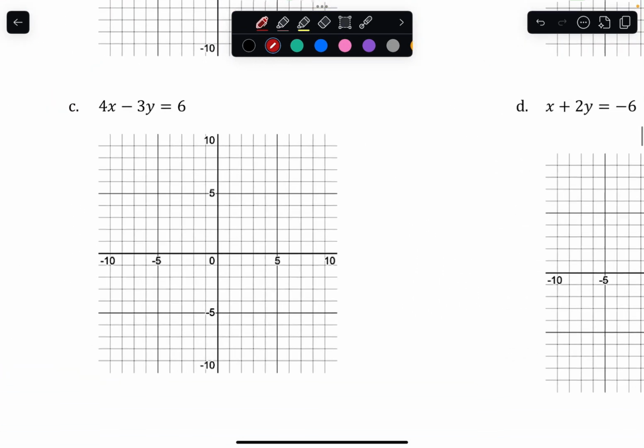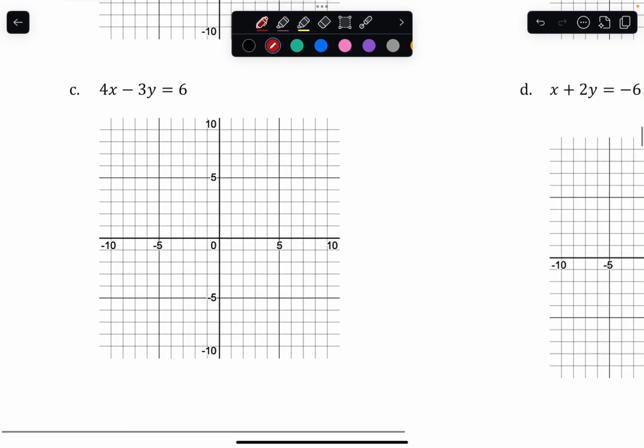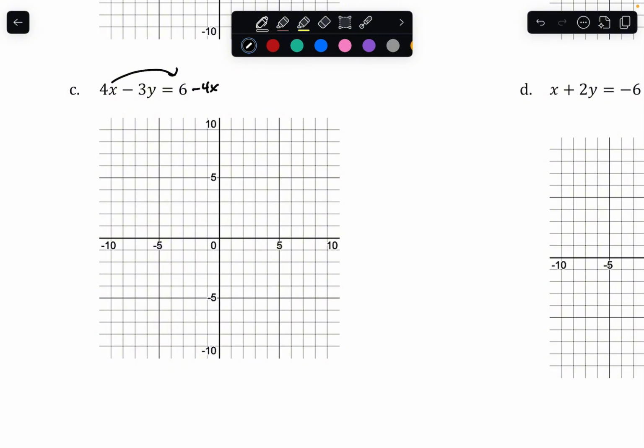Okay, next we have standard form, which isn't that useful for graphing. And so the strategy we use in Algebra 1 is to convert to slope-intercept form. We're going to move the x to the other side, which would become -4x. That leaves us with -3y equals -4x at first, followed by the 6, and then divide every number by the -3.